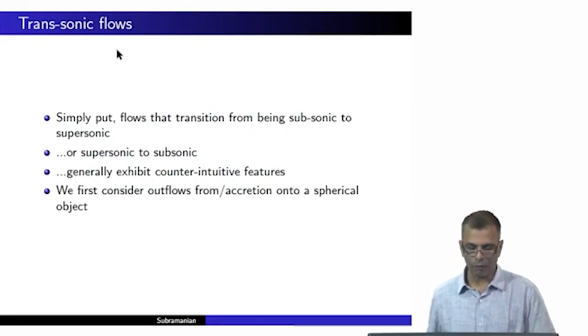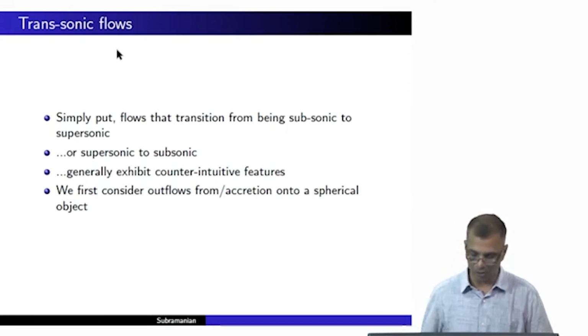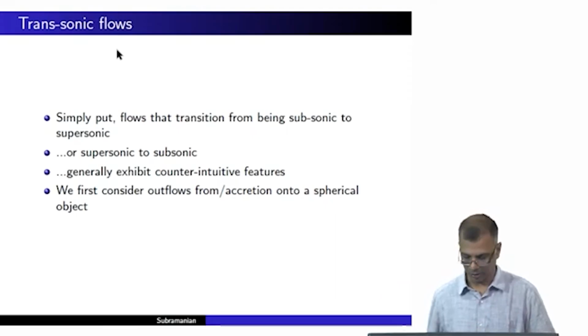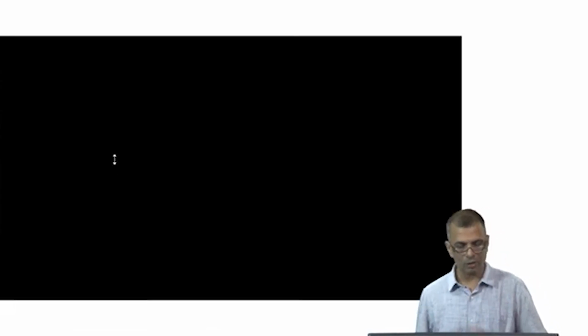So we first consider outflows from or accretion onto a spherical object. Okay, probably good to sketch this a little bit. So what do you mean by outflows from a spherical object?